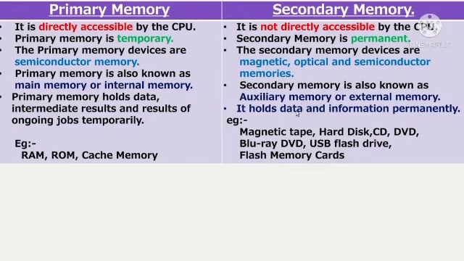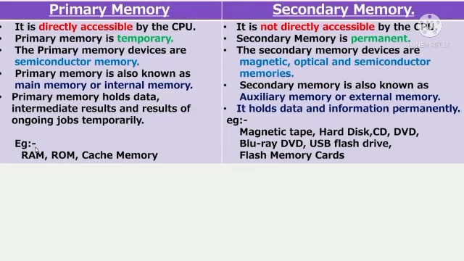Primary memory holds data, intermediate results and results of ongoing jobs temporarily. In the case of secondary memory, it holds the data and information permanently. The examples of primary memory include RAM, ROM and cache memory.